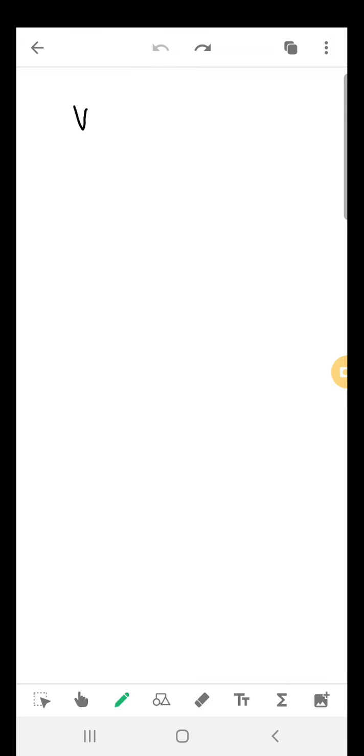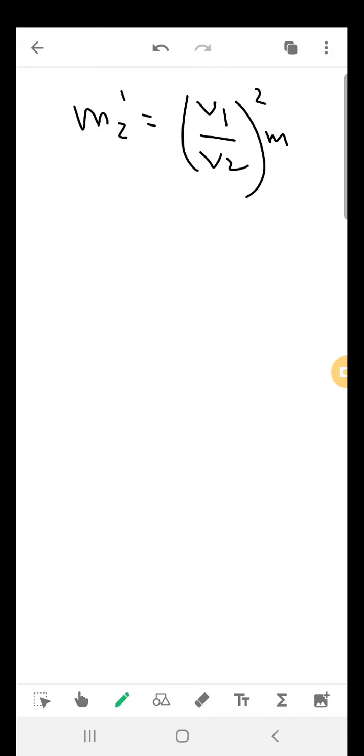the equation is actually m2 dash is equal to (nu1 by nu2) whole squared m1 dash.